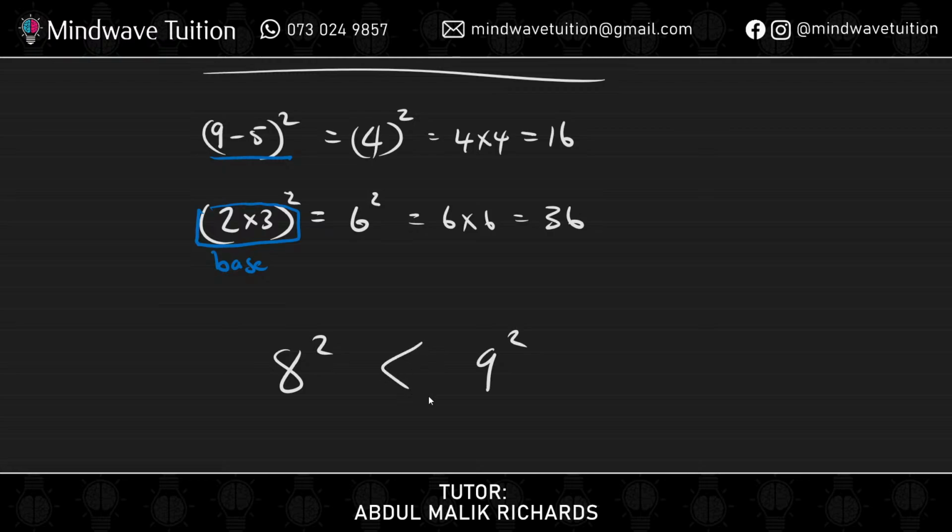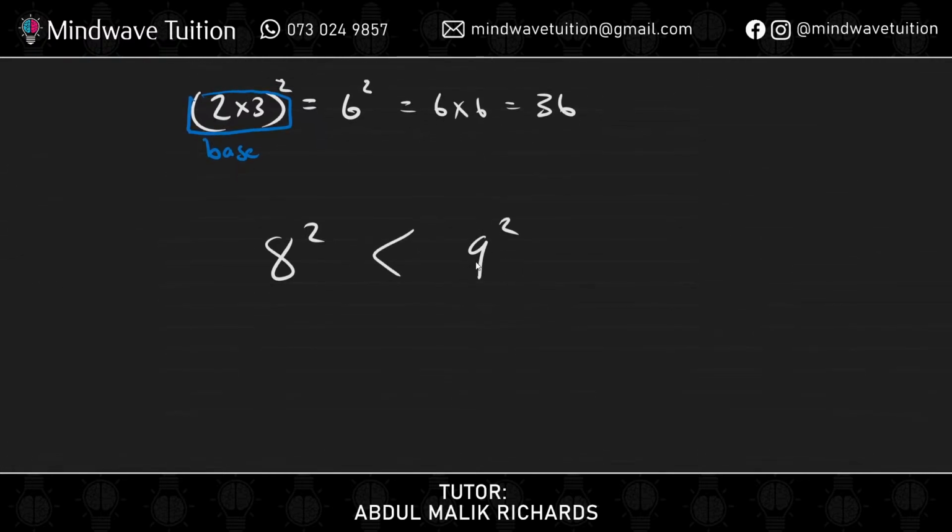So if the base is bigger, then the whole number will be bigger as well. This is different for fractional bases, so if you have something like half squared and quarter squared, but I don't think you will do that in primary school.